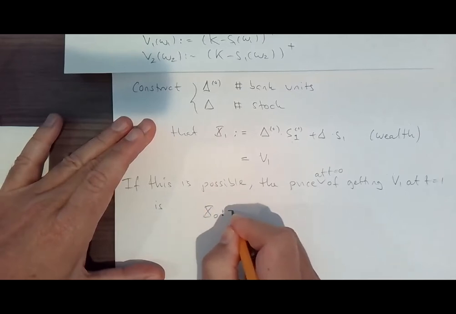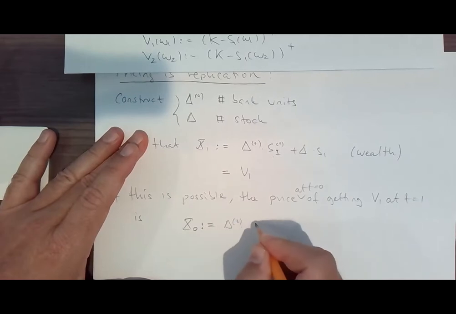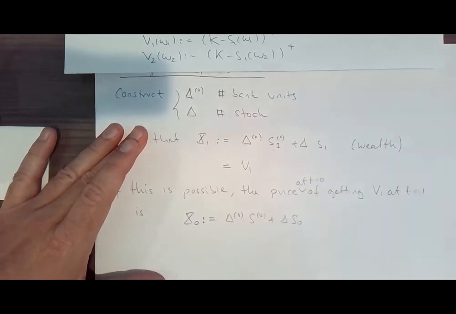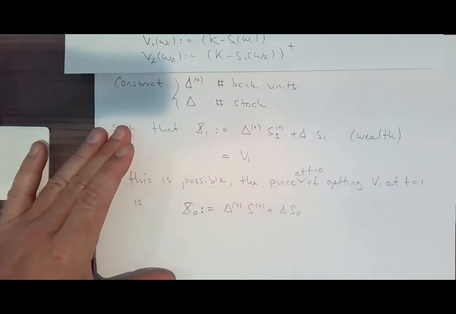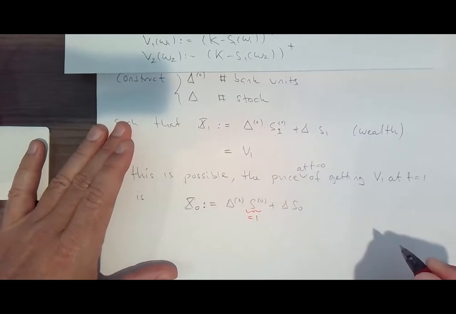So this is X0. X0 is the number of bank units times the bank price plus the number of shares times the stock price. We normalize the bank account to start out at 1. So we have that.